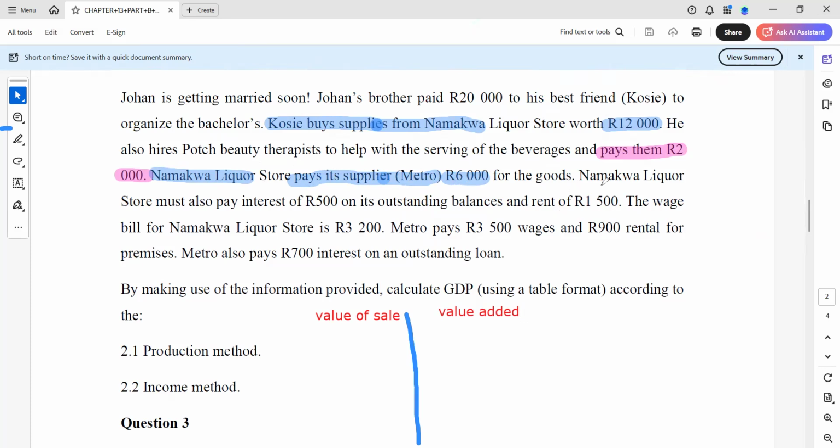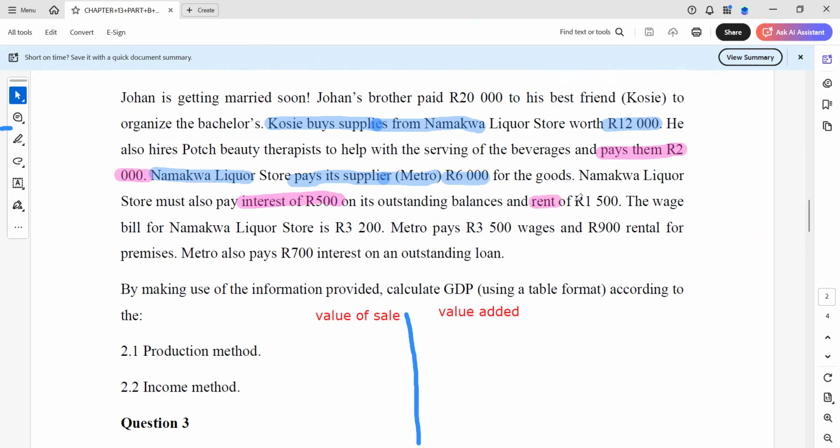And then Namakwa Liquor store must also pay interest of 5,000. Oh, sorry, 500. So interest is the remuneration of the factor of production, which is capital, right? So this is the income method. On the outstanding balance, and rent is also the remuneration of one of the factors of production, which is land, right?